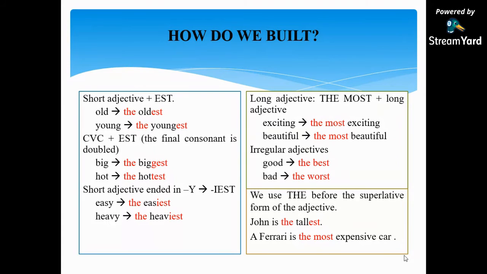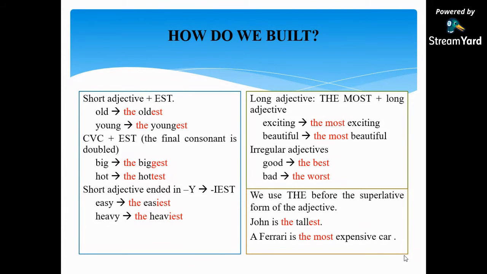In this way, if we remember, we have the three different forms already determined. Good, better, the best, bad, worse, the worst.